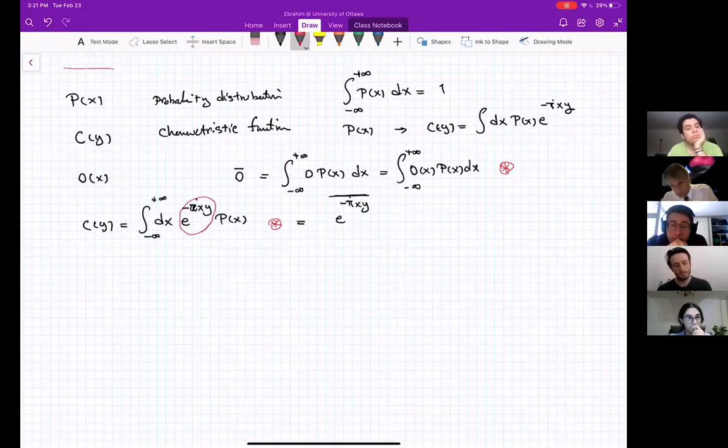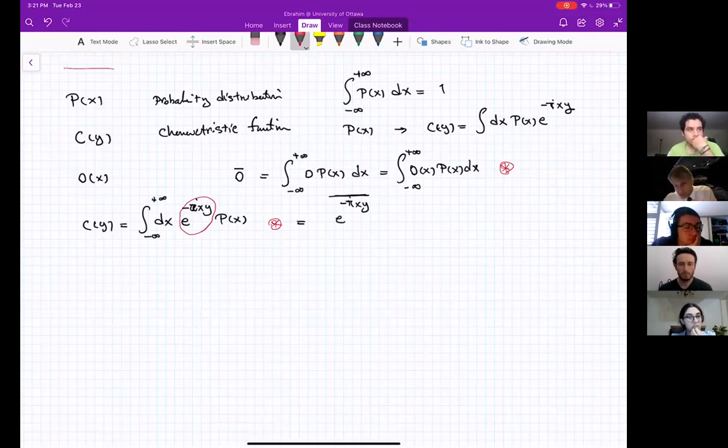So Kate could have asked me, no, I'm interested to measure position. So I want to measure X, or I'm interested to measure momentum, which is P, or kinetic energy, which is P squared divided by 2M. Or anything else, angular momentum.